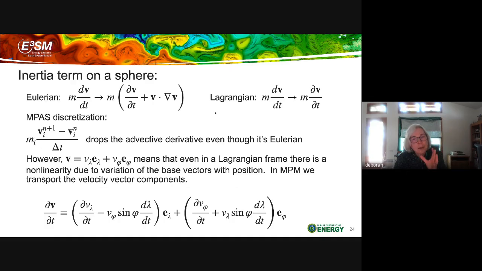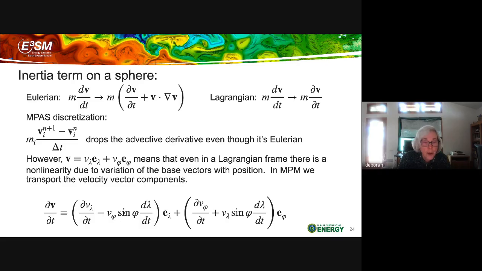That's in flat space. But on the sphere, if the velocities are in lat-long components, the base vectors change with time also, and so they have to be differentiated. They vary spatially and along the material point trajectory.